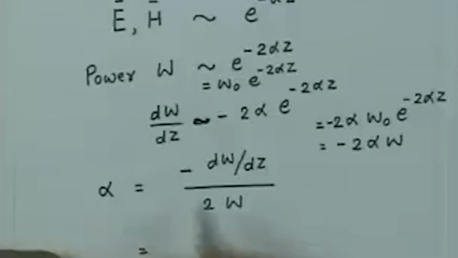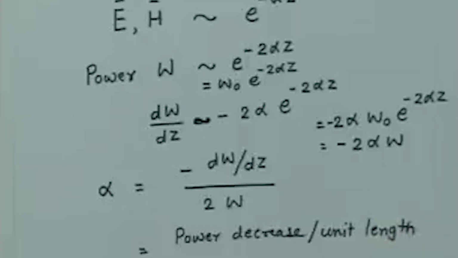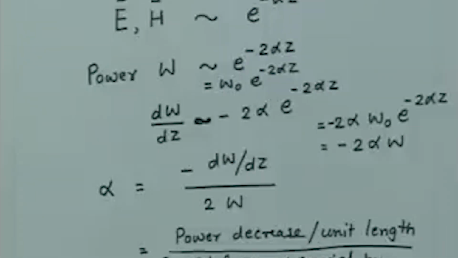So, this is power decrease per unit length of the waveguide divided by total power carried by the waveguide.